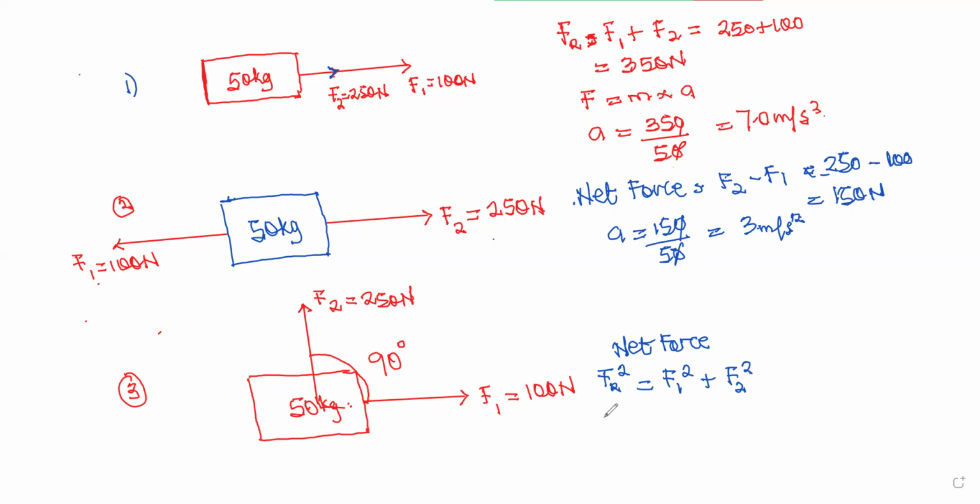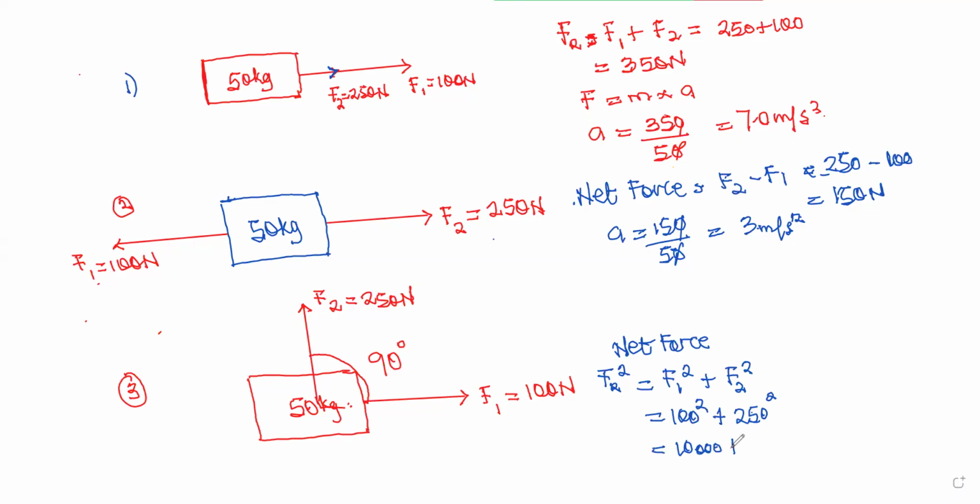So since we have F1, 100 squared plus 250 squared. 100 squared is 10 to the power 4, 10,000.